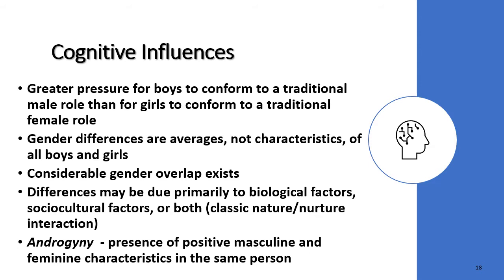And some of these differences may be due primarily to biological things or sociological things or both, right? So again, a classic nature nurture interaction is the word I meant.